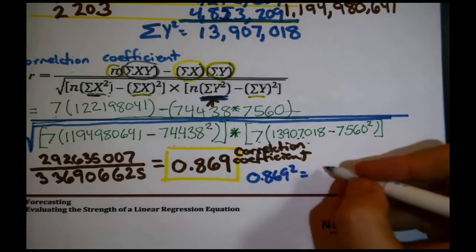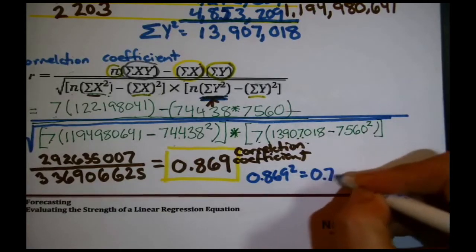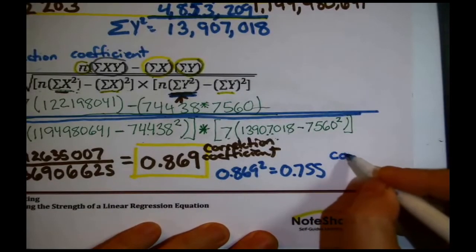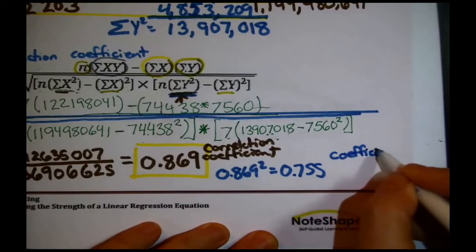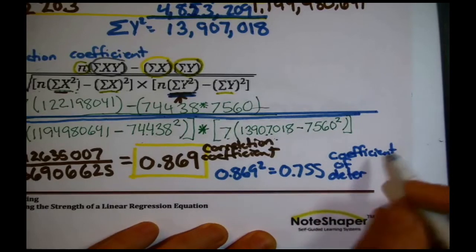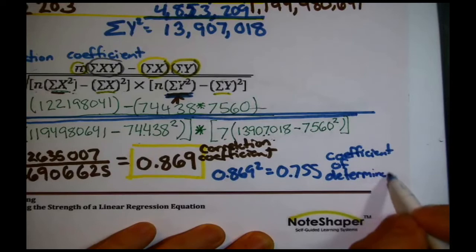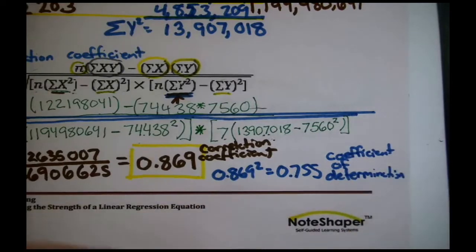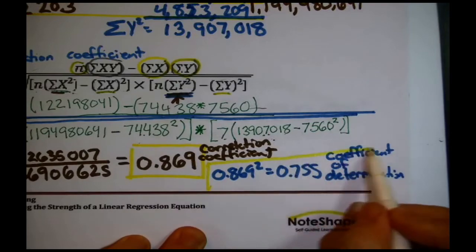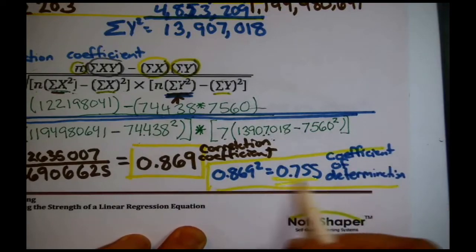I get 0.755. That's the coefficient of determination, the so-called R squared. The other half of what was asked. So, the R squared, the coefficient of determination, was 0.755.